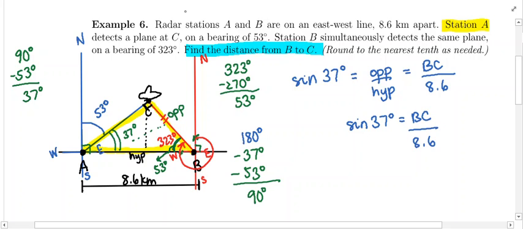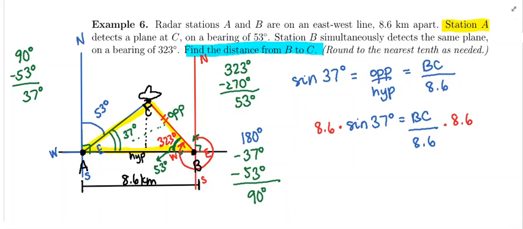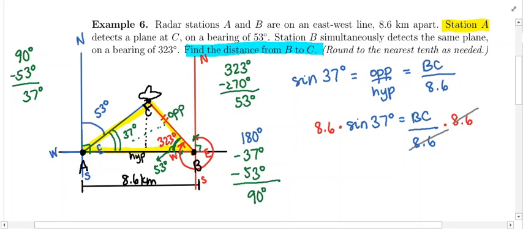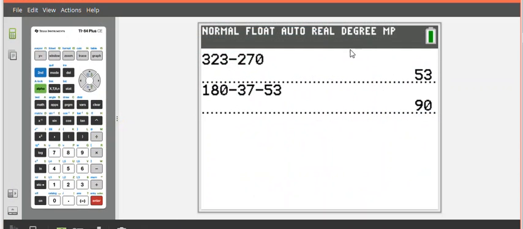To get rid of the fraction on the right, since there's an 8.6 in the denominator, we need to multiply by it on the right. Then you'll have one in the top, one in the bottom, and they will cancel. Since I multiply by it on the right, I've got to multiply by it on the left. So these will cancel. We're going to get that the length of BC is going to be 8.6 times the sine of 37 degrees. That's what we need to put into the calculator. You need to make sure you're in degree mode, which we are.